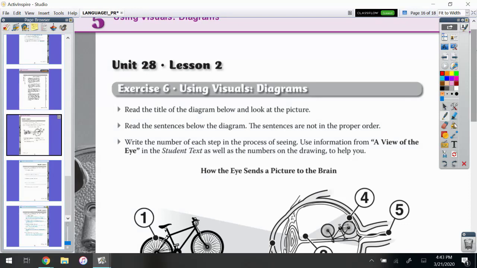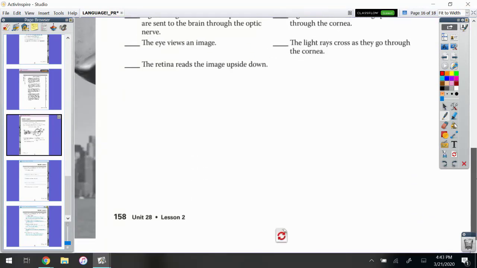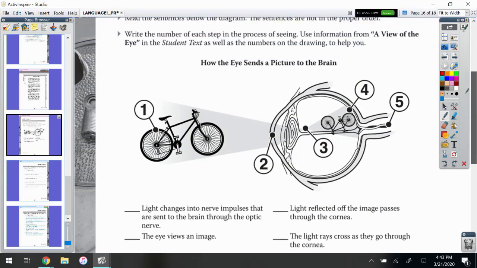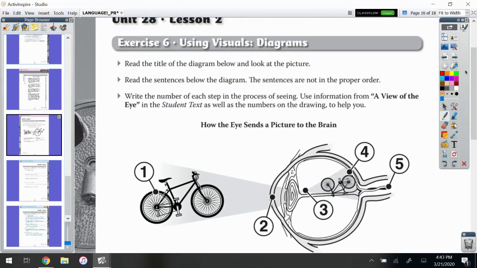For the remainder of this lesson, you're going to use your hardback textbook, page 94 and 95. First, look at the diagram on page 95. Read the captions and study it carefully. Then go to page 158 in your interactive text and do this independently.